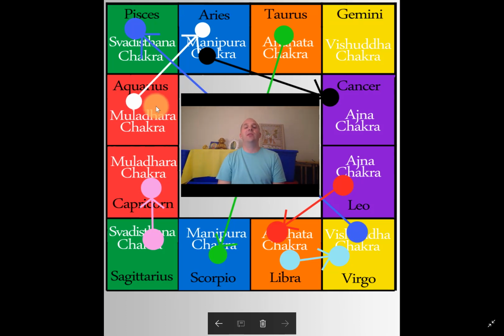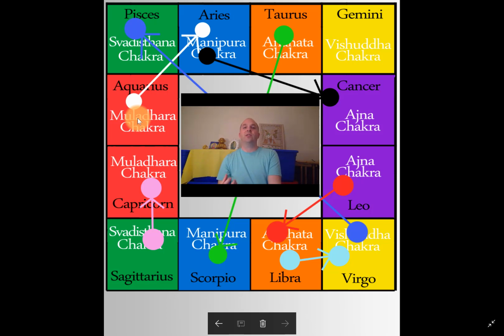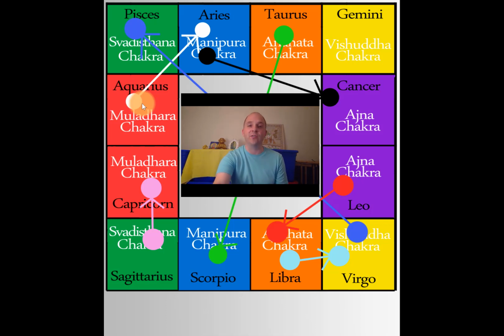And Saturn derives his energy, like we said before, from the Muladhara chakra, the active half of the Muladhara chakra. So the best way to go about creating security in our life, remember, was for finding love in our heart. We don't want to create security in our life just for the sake of ourselves. And this is what Saturn is always trying to teach us. The main lesson that Saturn wants us to learn in life is that we have to work for a greater cause than just ourselves.